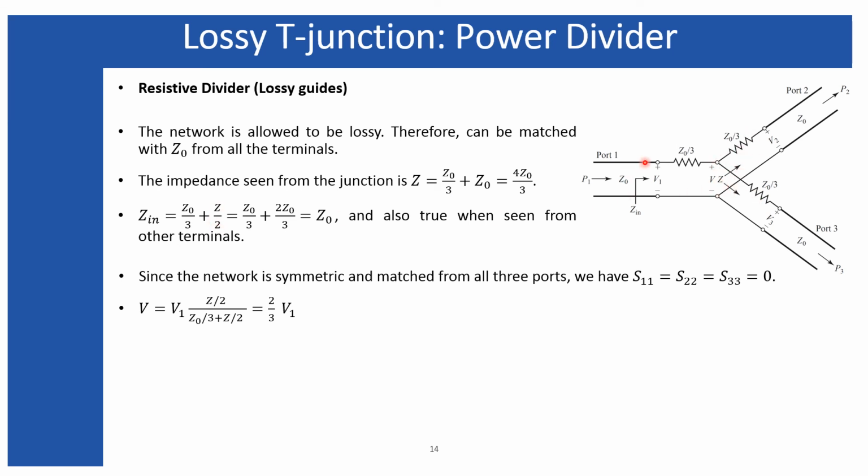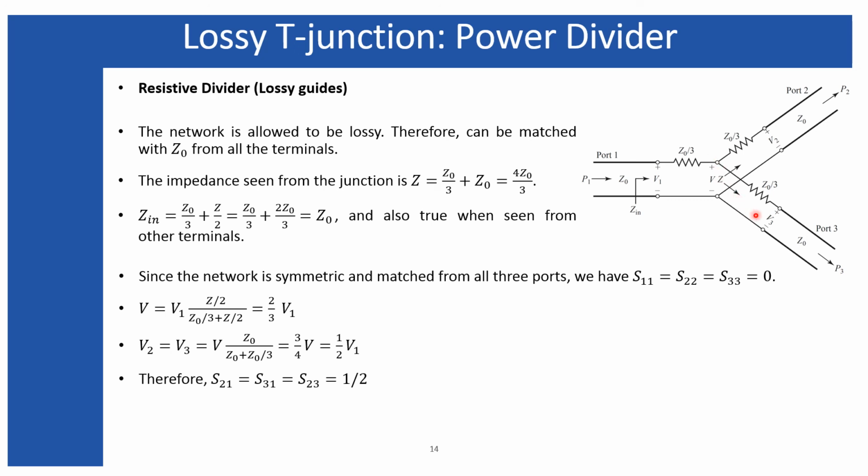So you are applying V1 over Z by 2, with the Z0 divided by 3 impedance existing over here. Applying the simple voltage divider rule, V will be V1 times Z by 2 divided by Z by 2 plus Z0 divided by 3. That results in 2 divided by 3 times V1.